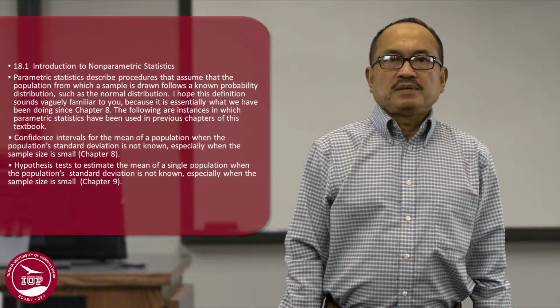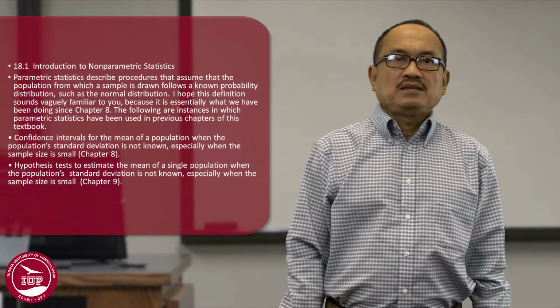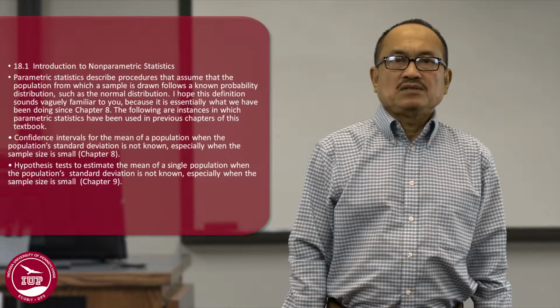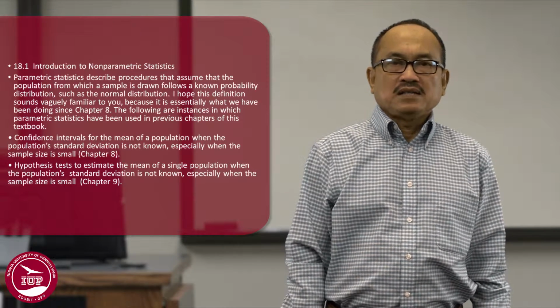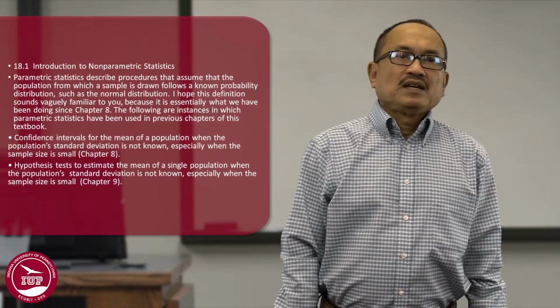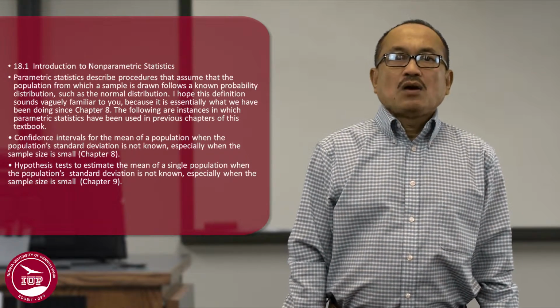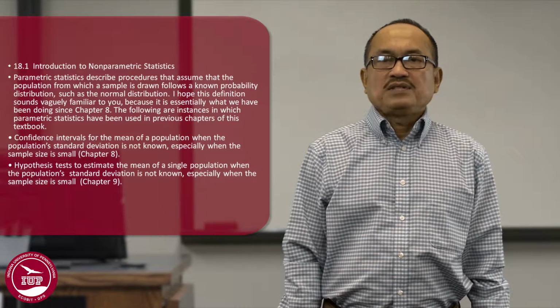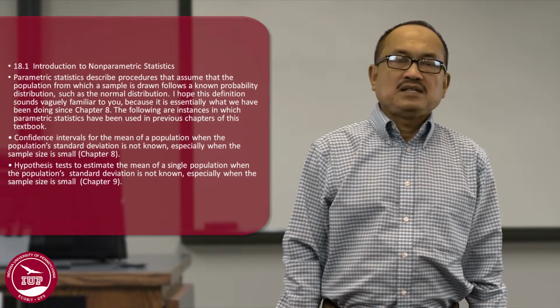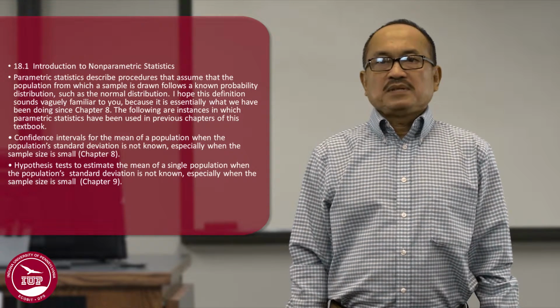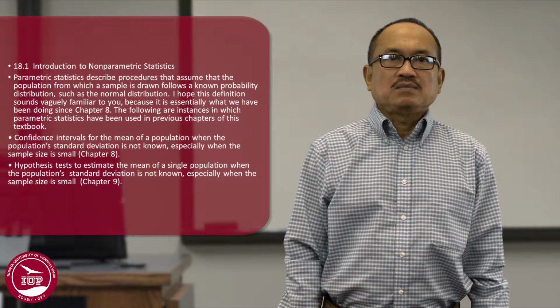Confidence interval for the mean of a population when the population standard deviation is not known, especially when the sample size is small, Chapter 8. Hypothesis test to estimate the mean of a single population when the population standard deviation is not known, especially when the sample size is small, Chapter 9.